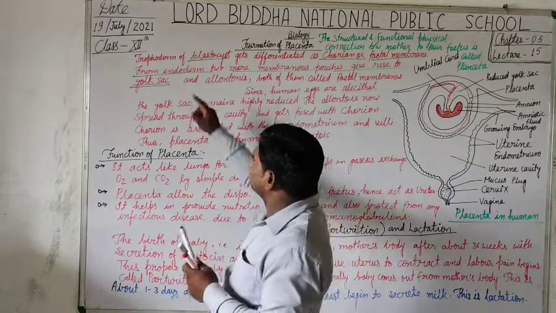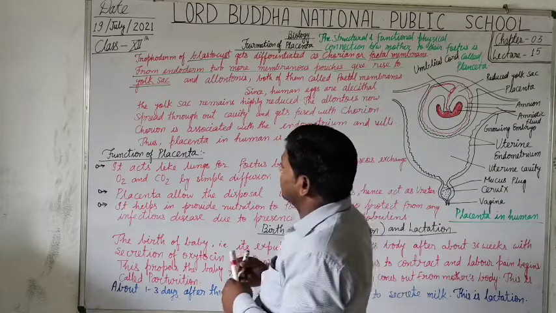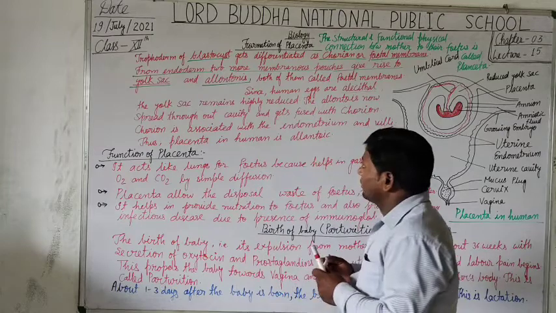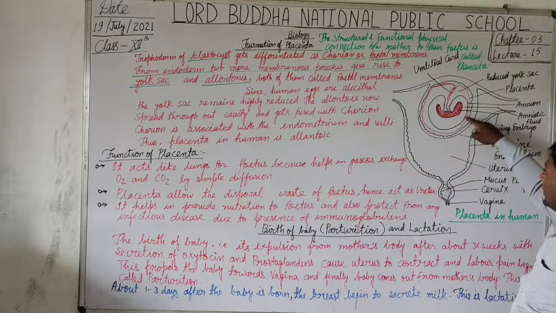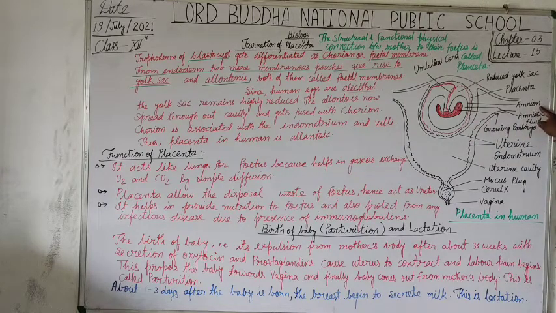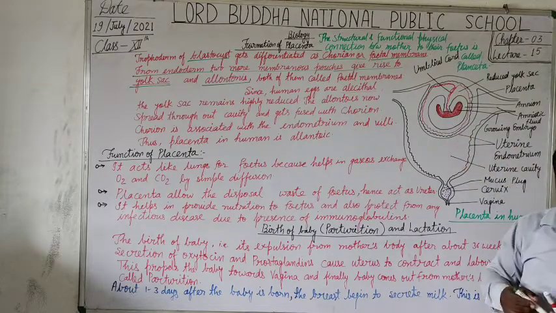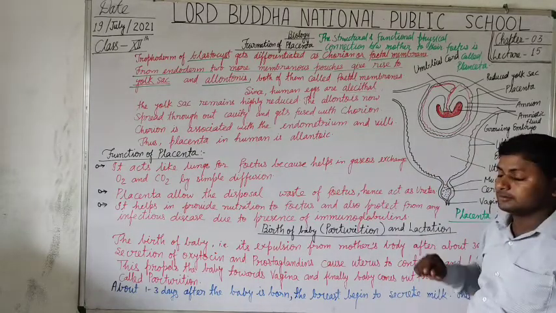So the endoderm makes two more membranous pouches, that is the yolk sac and the allantois. What is allantois? Around the inner two membranes, the amnion membrane and the endometrium, the unfolded finger-like or villi-like structures are called chorion.